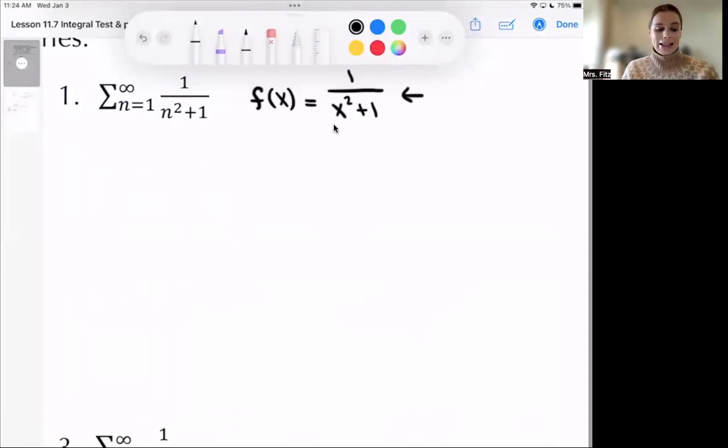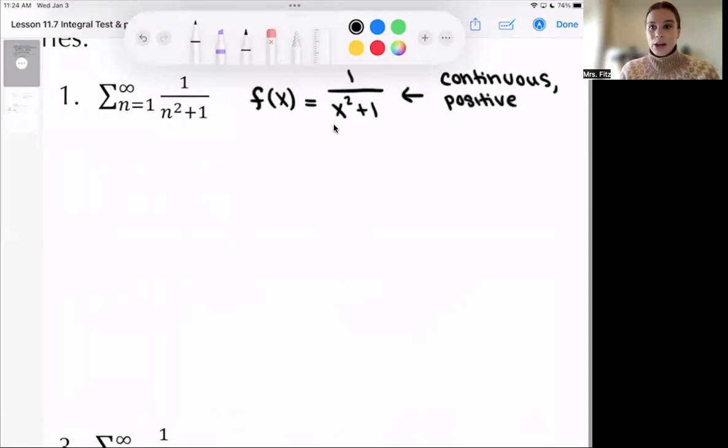Is it continuous where x is greater than or equal to 1? Well, yeah, it is. There's no discontinuities. So it is continuous. Is it positive from 1 to infinity, inclusive? Yeah, it's always going to be positive. So it is positive.